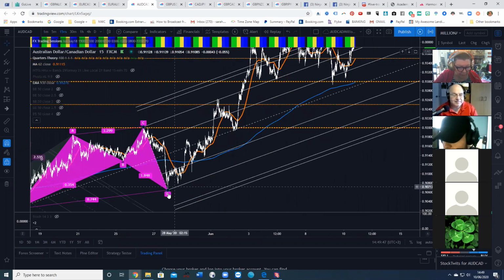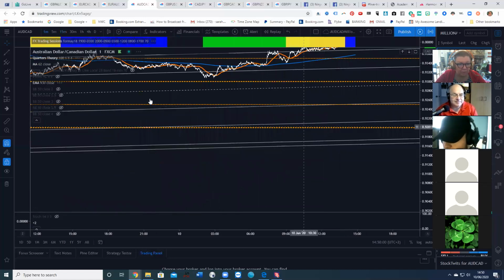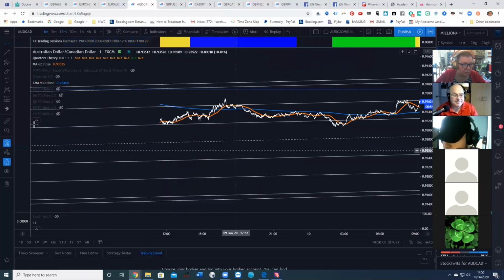And that the scan, and that's from 27th of May. Perfect rejection off pitchfork and quarter theory. That's the 15-minute. We'll come down to the 1 minute. Just analyze what it's doing a bit, so you can see how to read a chart.